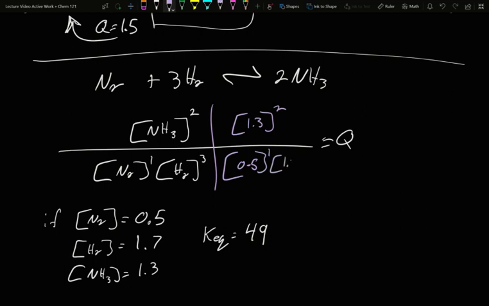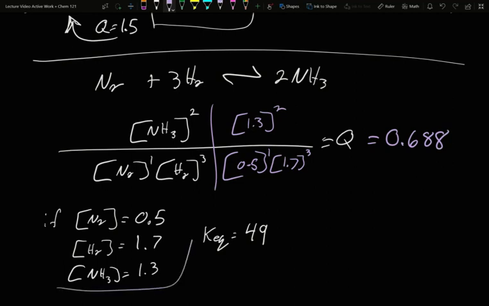And H2 was 1.7 to the third. If we actually calculate out those values, 1.3 squared divided by 0.5 divided by 1.7 to the third, what we will calculate out is 0.688. This is our Q value right now.